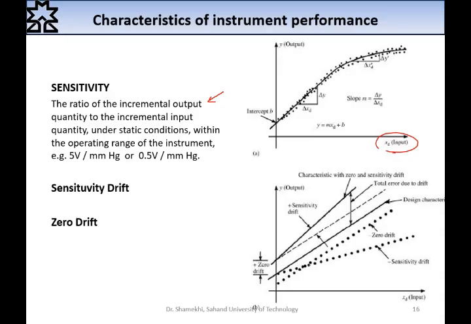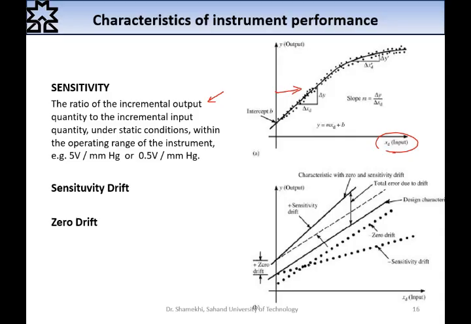And the ratio, the slope of the interpolated line, interpolated equation, linear equation, is the sensitivity. Suppose that we have scales to measure weights. A scale for jewelry weight measuring, another for human body weight measuring, and another for vehicle weight measuring.